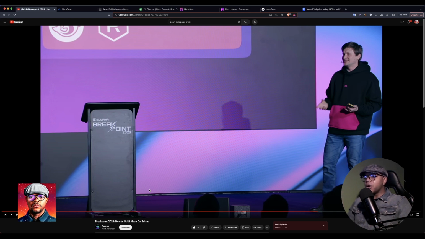But they'll also be able to call a Solana dApp from their Neon EVM dApp that they coded in Ethereum's programming language, which is Solidity. So this is pretty cool. They can basically code an app in Ethereum, deploy it on Neon EVM, and have it interact with the Solana ecosystem. This is really, really cool.